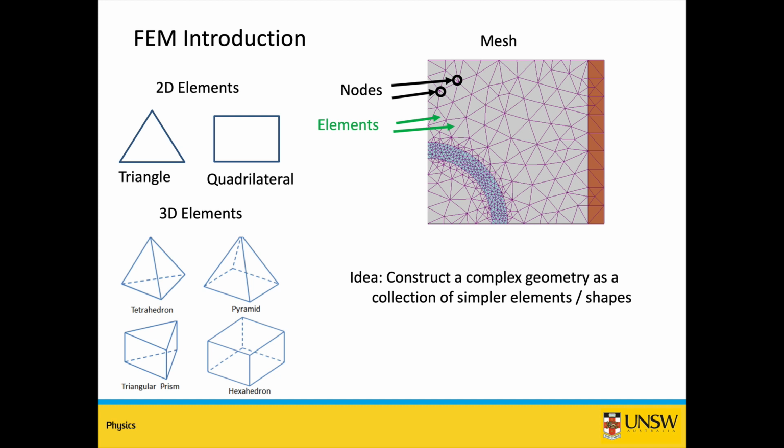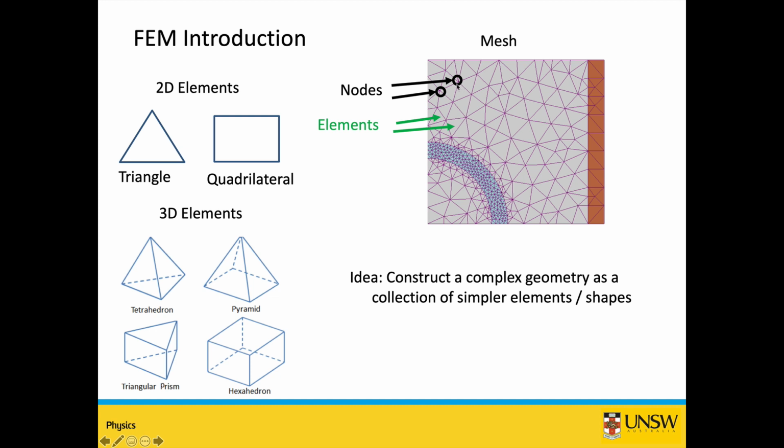And the idea in finite element is to construct a complex geometry by putting these basis functions or shape functions together. So over here you see a complex region in space, and you can discretize this space by putting together some triangular shapes. So this has triangular basis functions, this finite element.